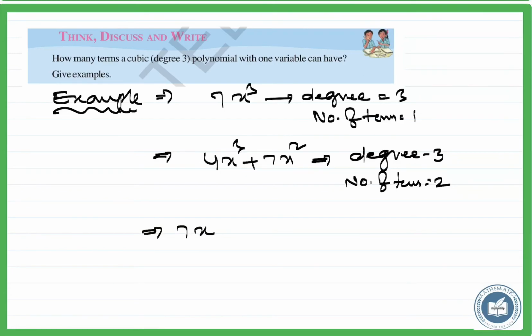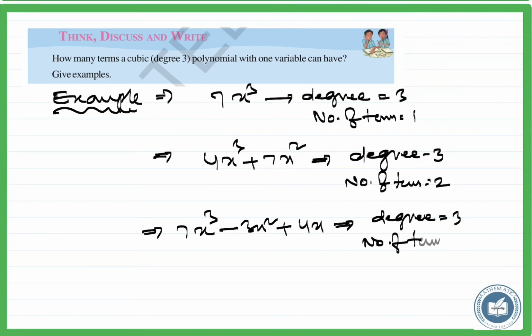One more I can write: 7x cube minus 3x square plus 4x. Here the degree of this polynomial is 3, and the number of terms is equal to 3.